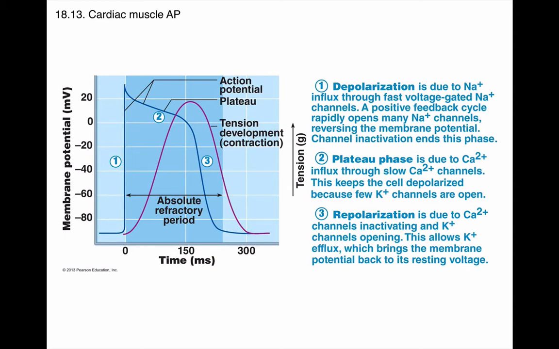You don't want the heart, when it's pumping hard, to go into tetanus, because then the heart's no longer a pump, right? So this change in the shape of the trace is to keep the muscle cell from being unable to stop contracting.